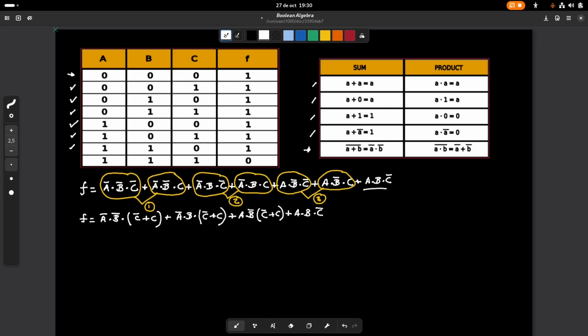Okay, so from the table we can see that A or A negated equals 1. So here this term equals 1, this term equals 1, and this term equals 1.